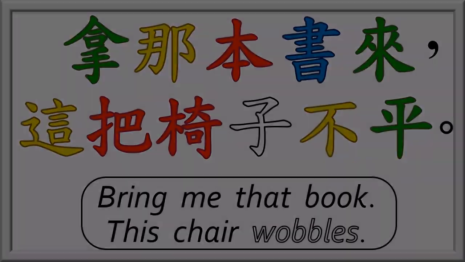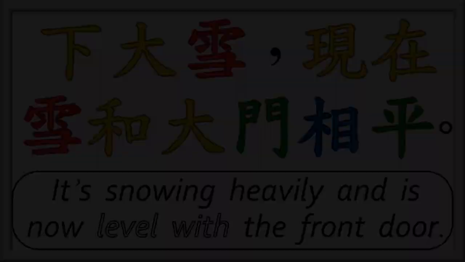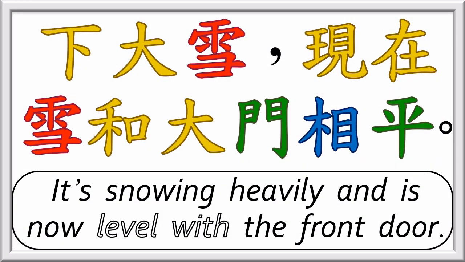We'll start with the simplest meaning of flat or level. 拿那本书来，这把椅子不平。Bring me that book. This chair wobbles. Of course, the book will serve to prop up the leg of the chair. 下大雪，现在雪喊到门，相平。It's snowing heavily and is now level with the front door.